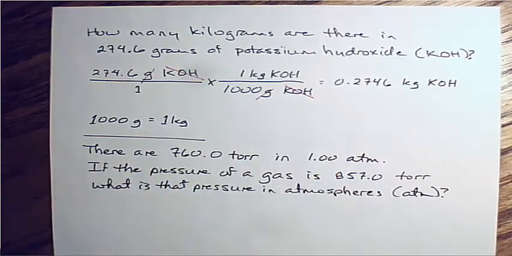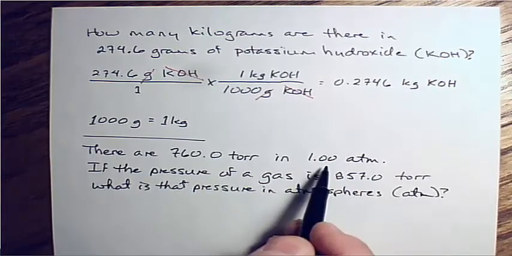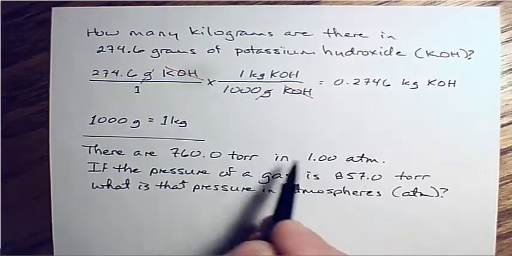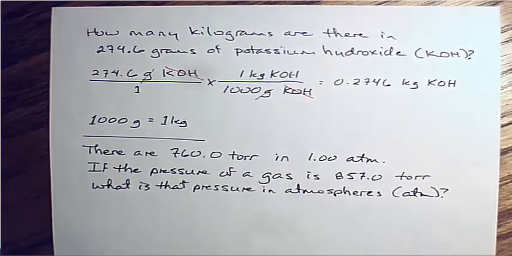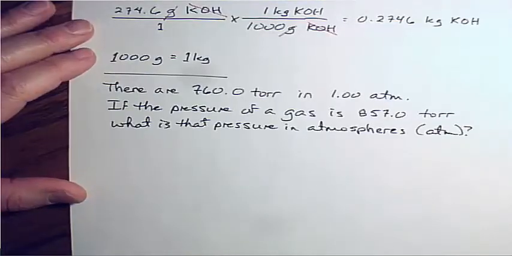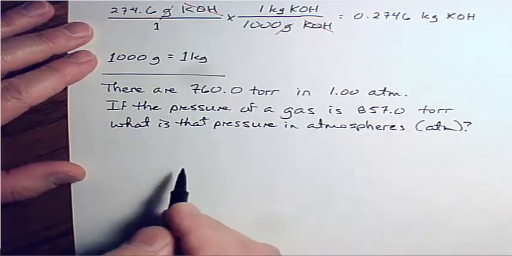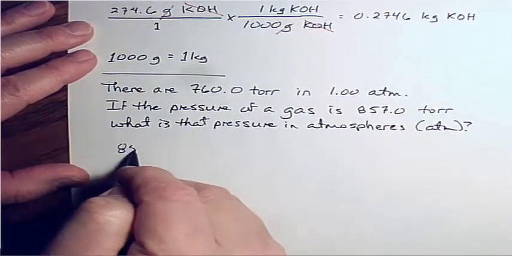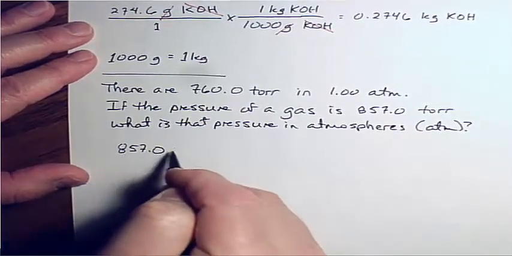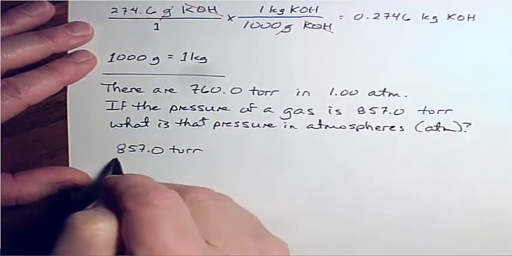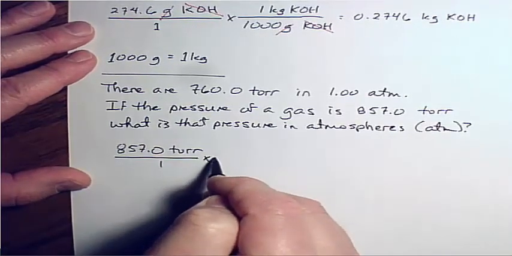And by the way, we'll shortly be talking about what zeros are significant. Just to help you right now, all the zeros in these problems are significant. So the 857.0 torr is what stands alone. We're going to put that over 1.